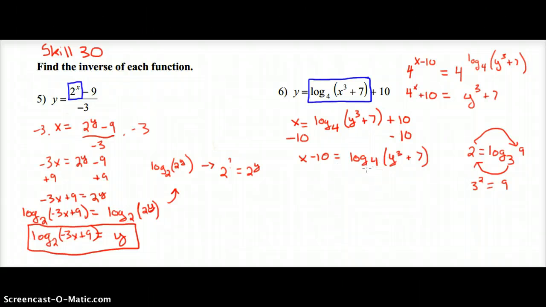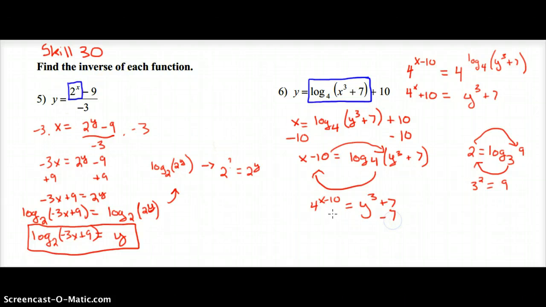I can do the same thing here and rearrange this as an exponential equation: 4 to the x minus 10 equals the argument, y cubed plus 7. Notice that this gives me exactly the same thing as the other method.